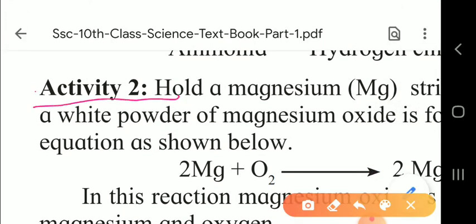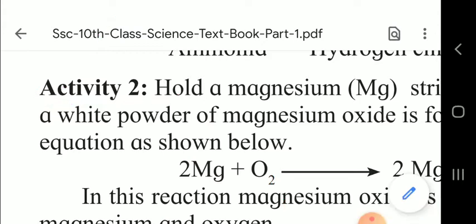This is activity 2, children. Here we have to take a magnesium strip, which I have already explained in the experiment. On burning it in the air, oxygen from the air combines and a white powder of magnesium oxide is formed. How can we write the reaction?